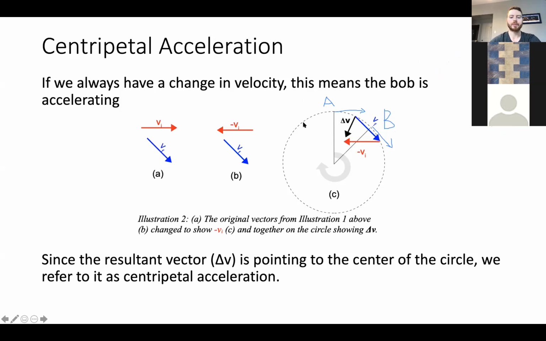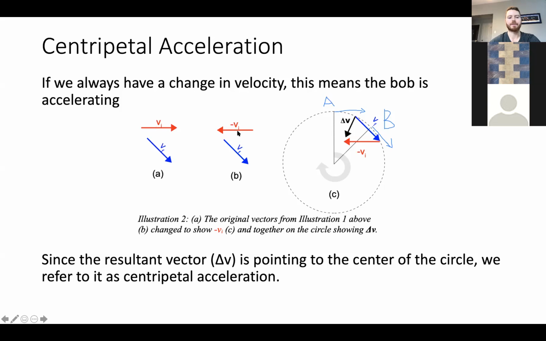Okay, so like we've been doing before, we can create a resultant vector to show us the change in velocity of the instantaneous velocities at point A and point B. This is what the instantaneous velocity looks like at V1, and here's our instantaneous velocity at our VF.